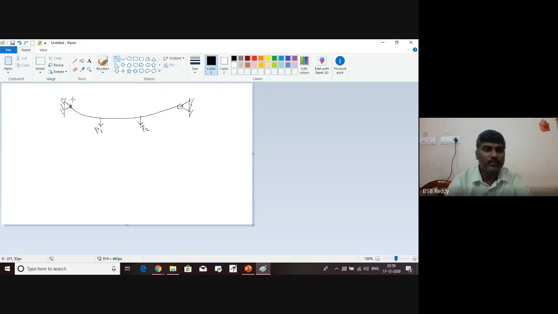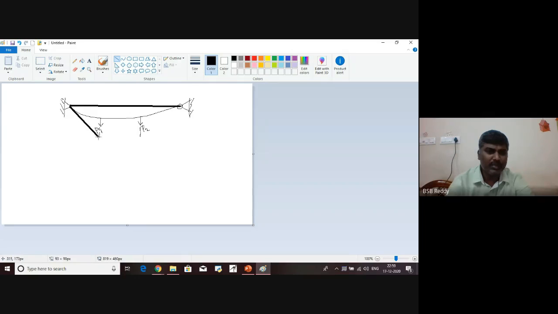Now let's draw the chord line joining the supports. Once you apply the loads, this point comes down, and also this point comes down. Imagine, for this case, if the loads are the same, P1 equal to P2, then these deflections will be the same.